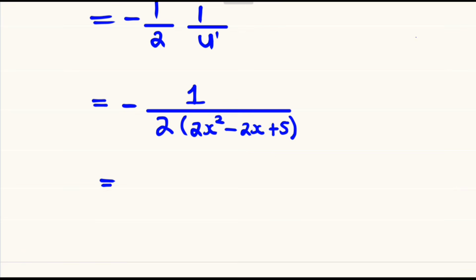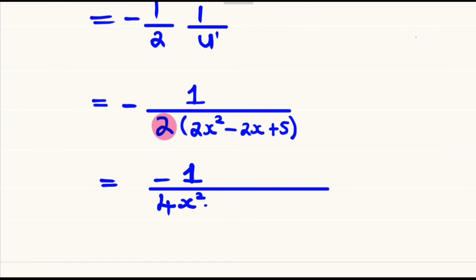This will be equal to negative 1 divided by 2 multiplied by 2x squared, which is 4x squared. So we distribute that 2. So we have 4x squared minus 4x plus 10 after distributing the 2. So you can leave your answer there or there. So this will be our answer for this first question.